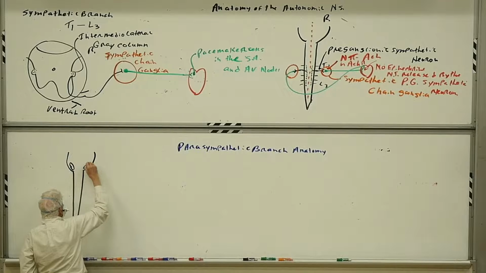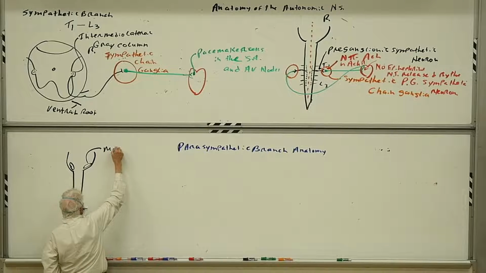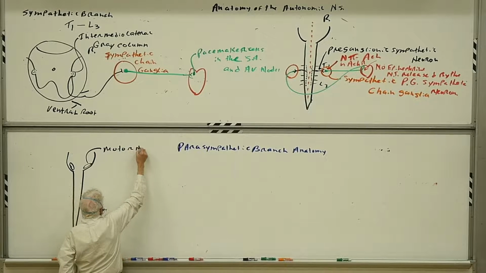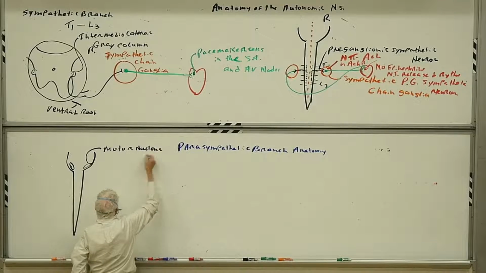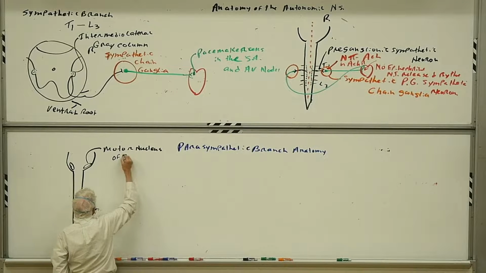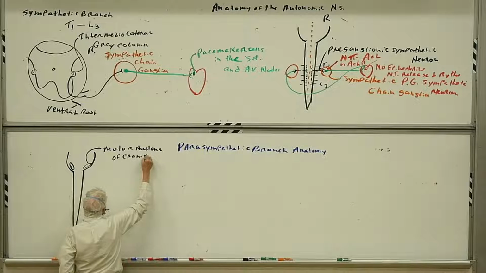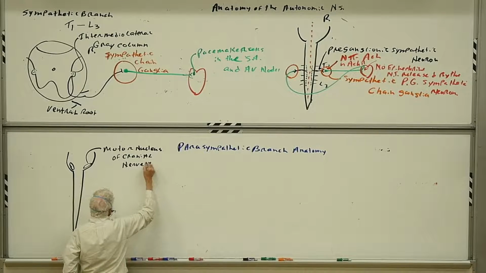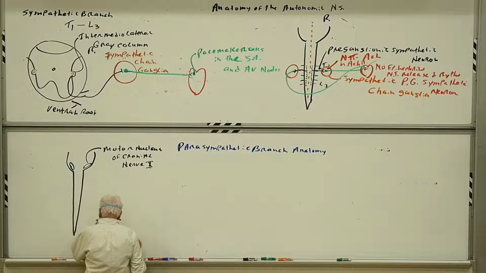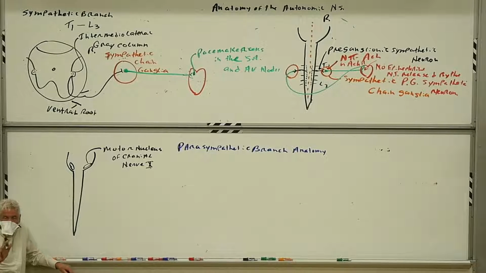But now, in the brainstem, there's a cluster of neurons called the motor nucleus of cranial nerve 10.